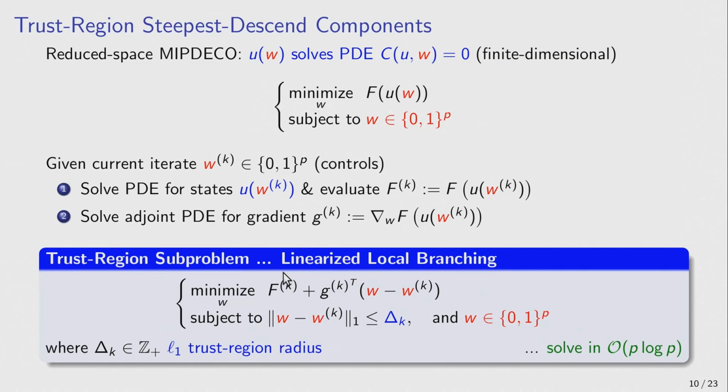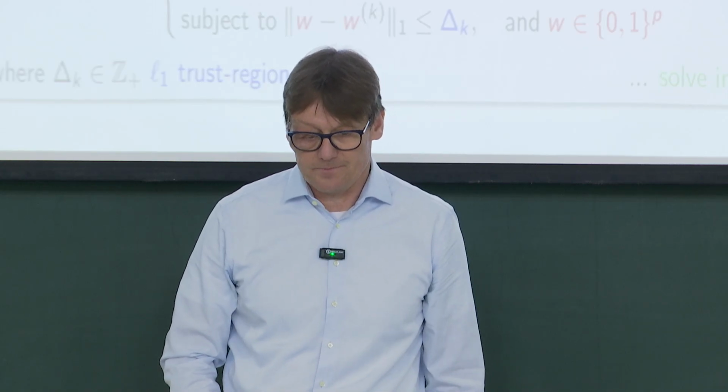This is a problem that I can now solve efficiently, even in a large-scale case, because if you stare at this long enough, this is a knapsack problem. The reason it's a knapsack problem is because you can rewrite this one norm constraint as just a single linear inequality in the binary variables.